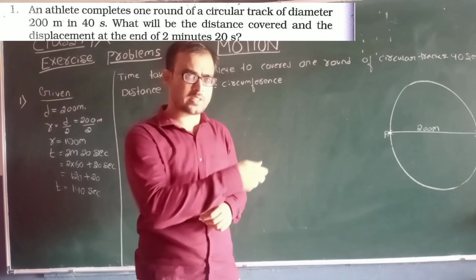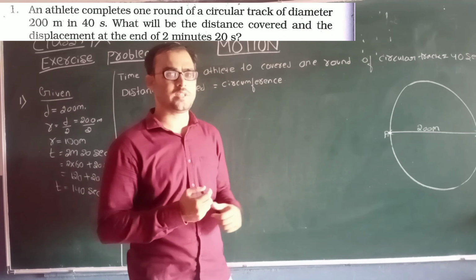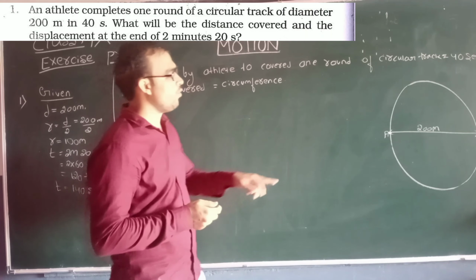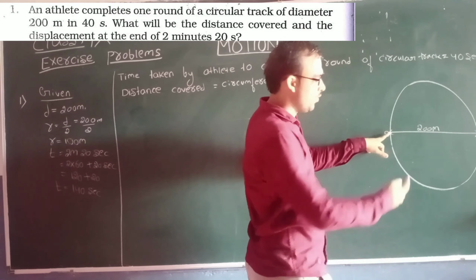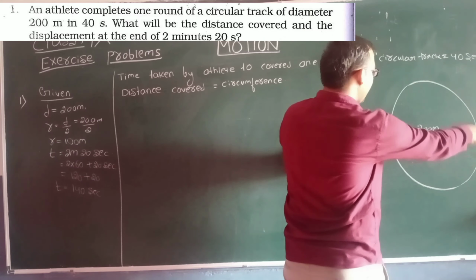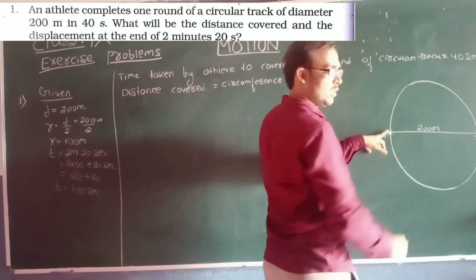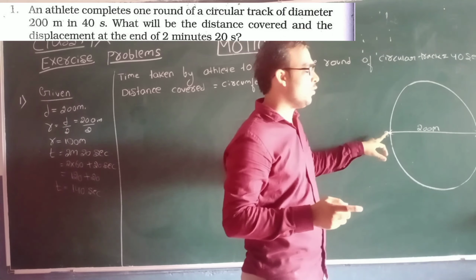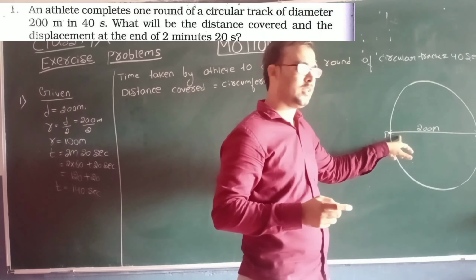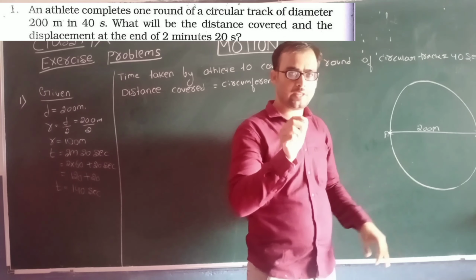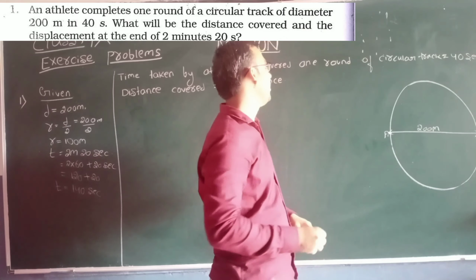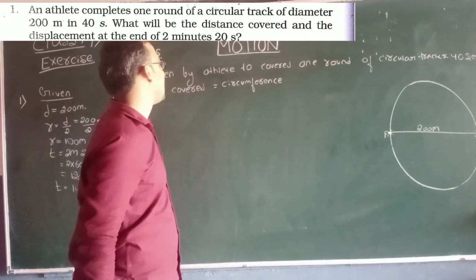So when he completes one full circle or one full path, what is the distance that he has traveled? He has moved around the circular path, no? Therefore, the distance he has covered in one circular path is nothing but the circumference of the circle.